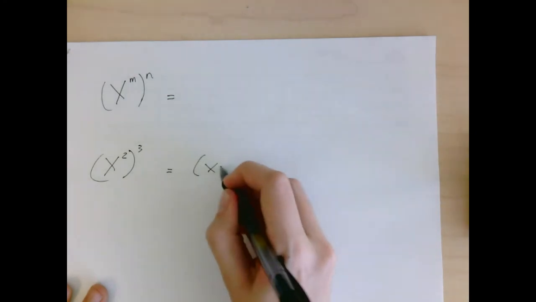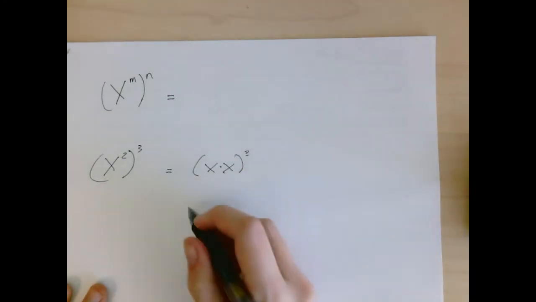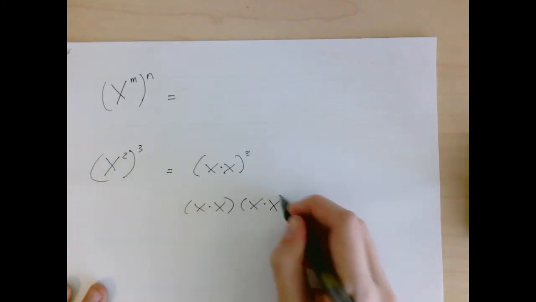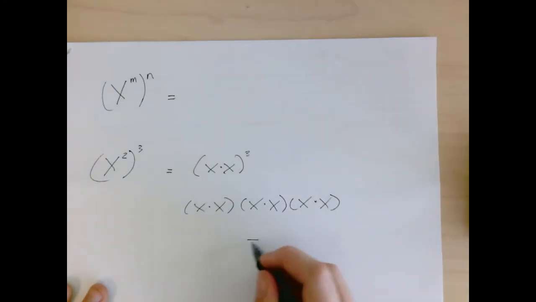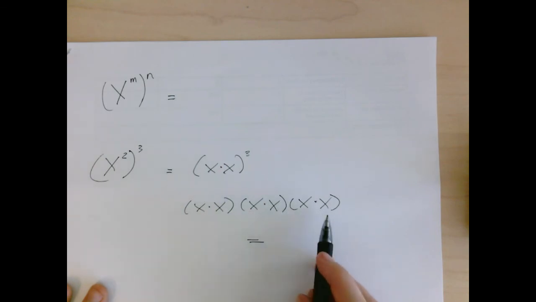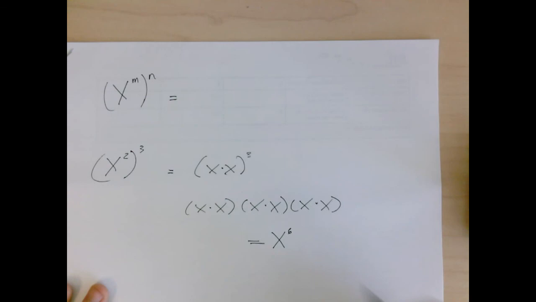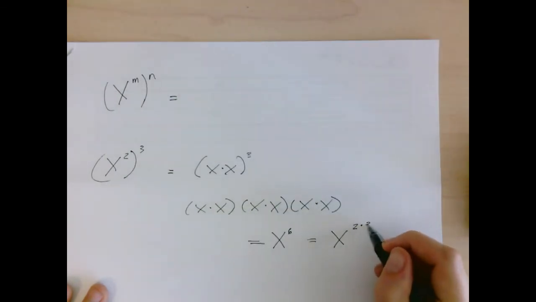That means x times x raised to the 3rd power, which means x times x times x times x times x times x, which is equal to x to the 1, 2, 3, 4, 5, 6, x to the 6, which is also equal to x to the 2 times 3.